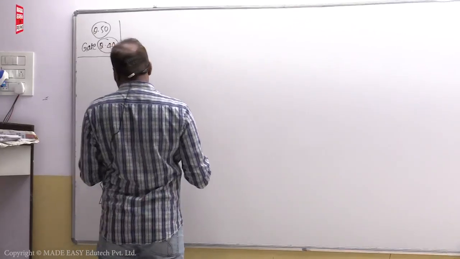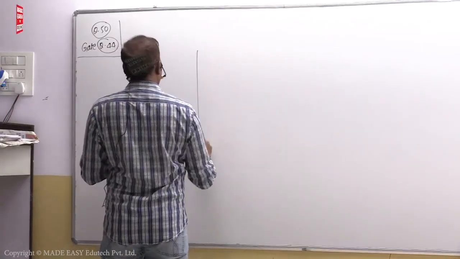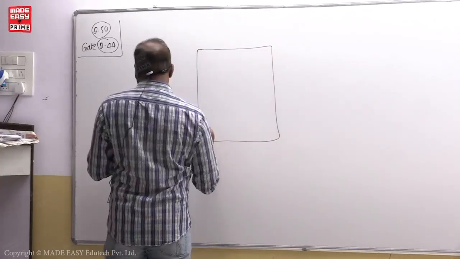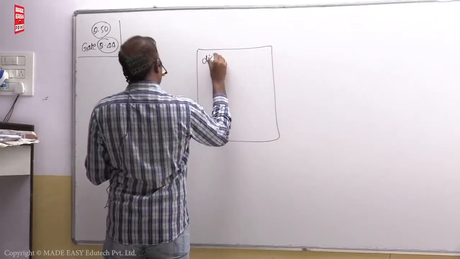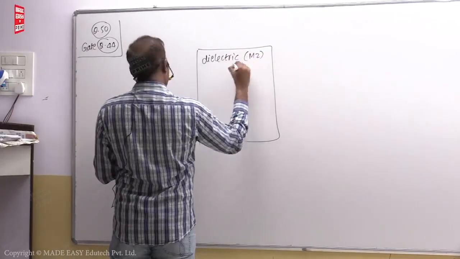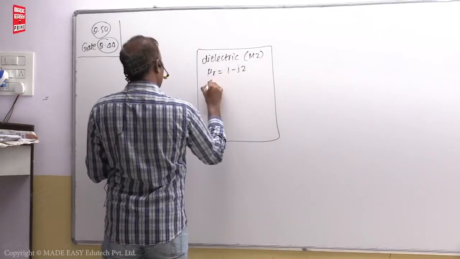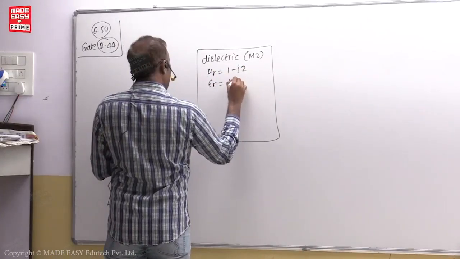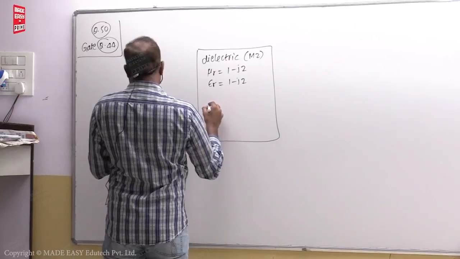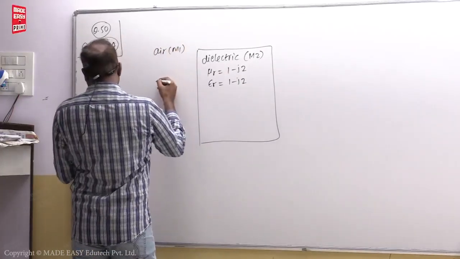So here it is given, I am drawing the diagram here. This is medium 2, a dielectric, and for this mu r is 1 minus j2, epsilon r is 1 minus j2. This is air, that is medium 1.